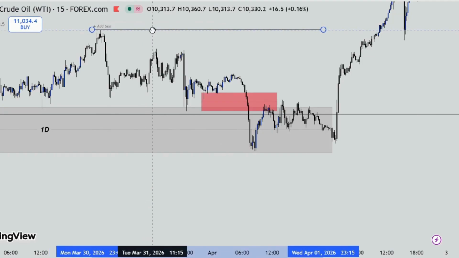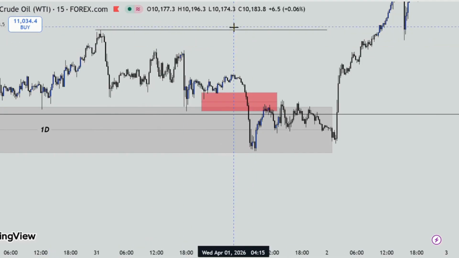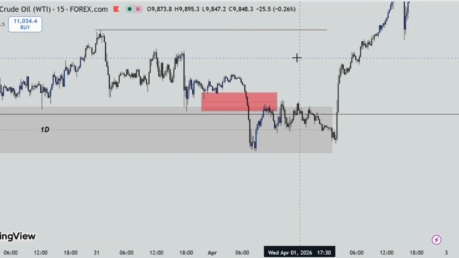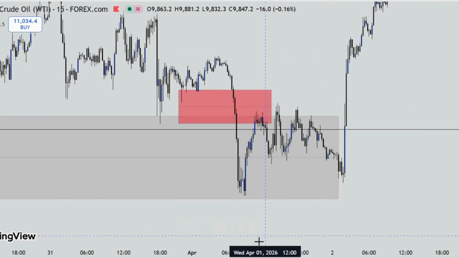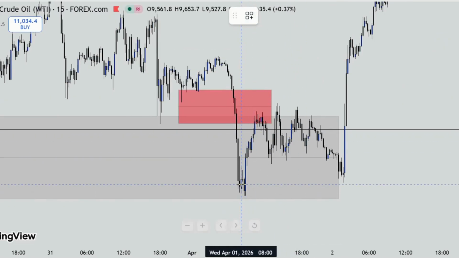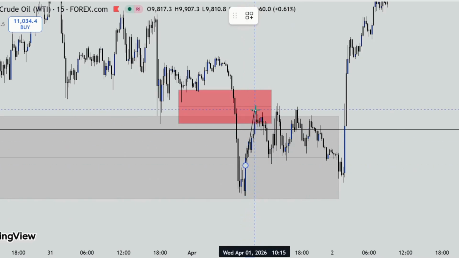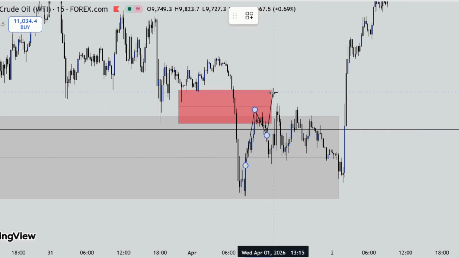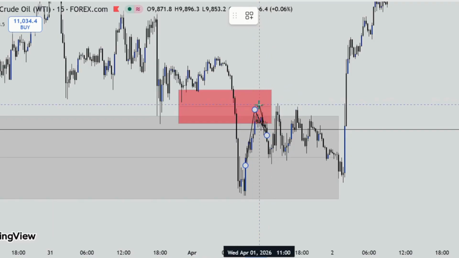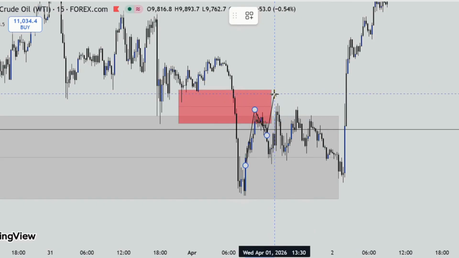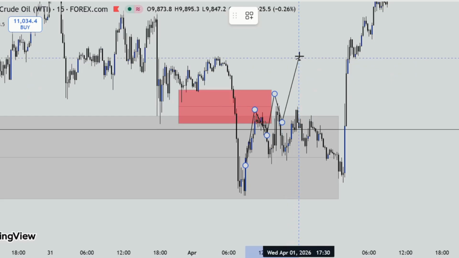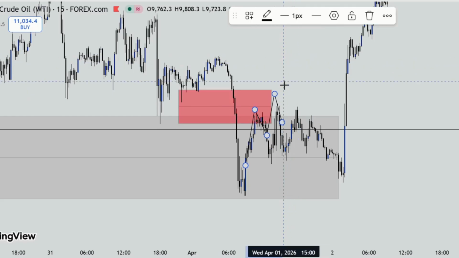Coming to the 15 minutes time frame, what we're looking for is for price to come do something like this, trade here, give us a reaction on the 15 minutes time frame here, then disrespect that high, which is the same concept. If you paid attention, it's the same concept we used on the daily time frame, framing our bias. So when we get this break on the 15 minutes time frame, then we are likely going to our target.